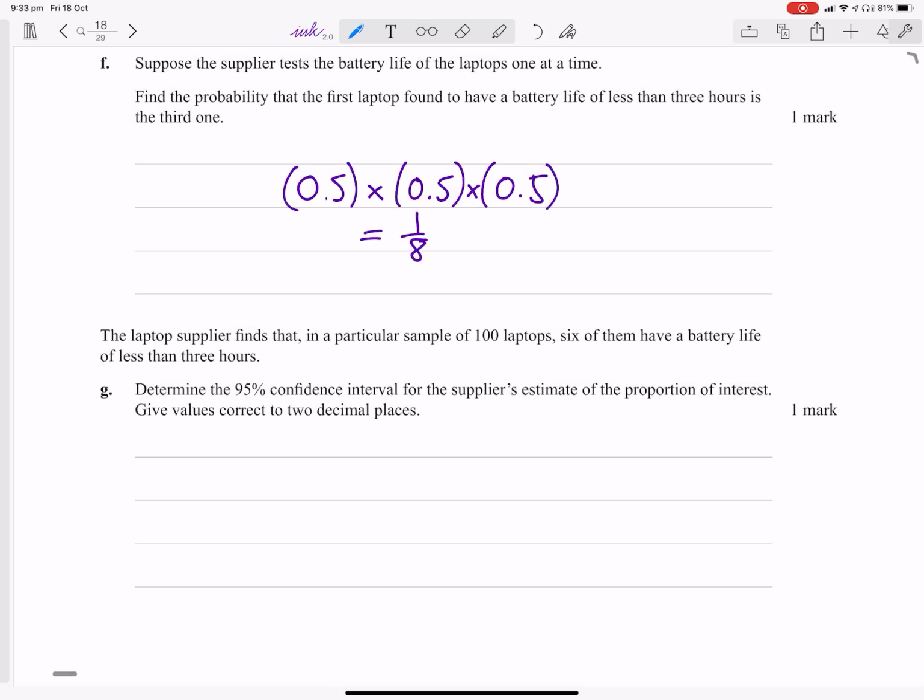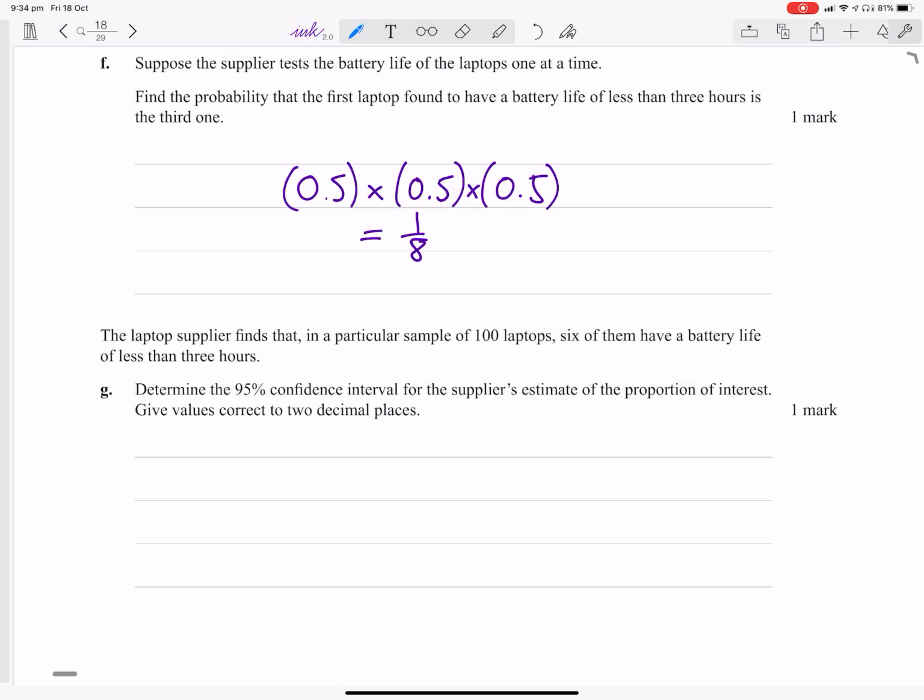The laptop supplier finds that in a particular sample, 6 of them have a battery life of less than 3 hours. Determine the 95% confidence interval for the supplier's estimate of the proportion of interest. What does that mean? Estimate for the proportion of interest. 95% confidence interval.